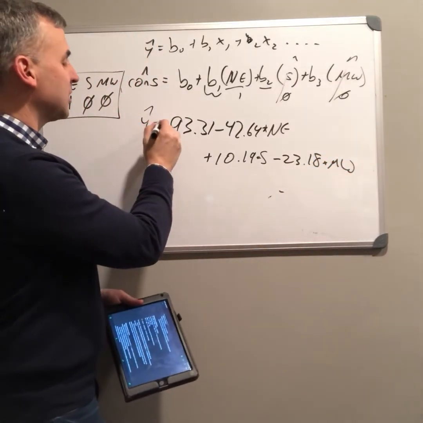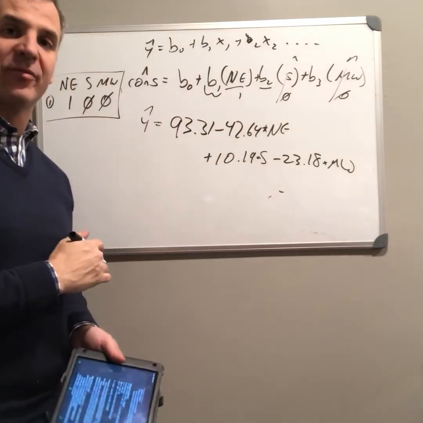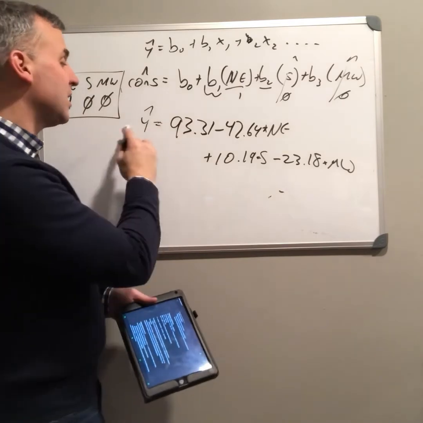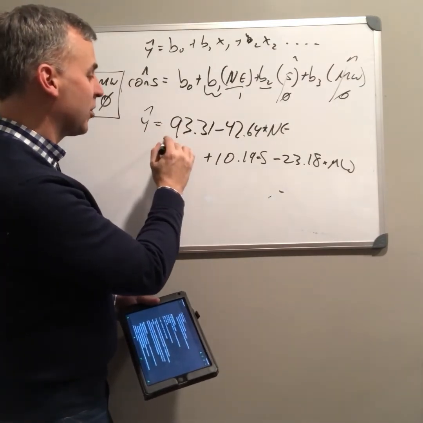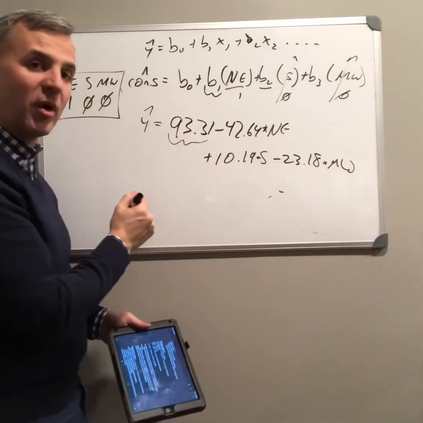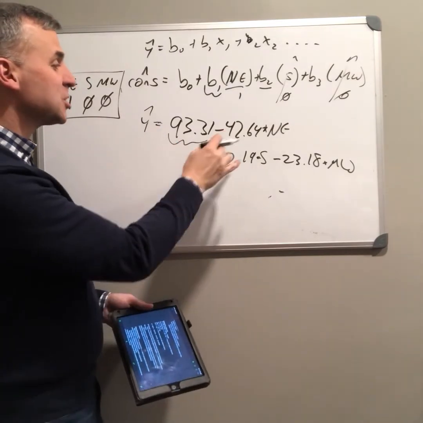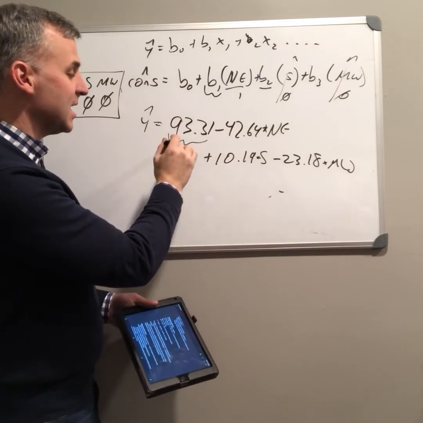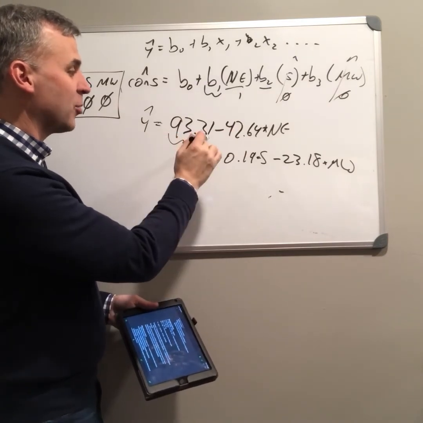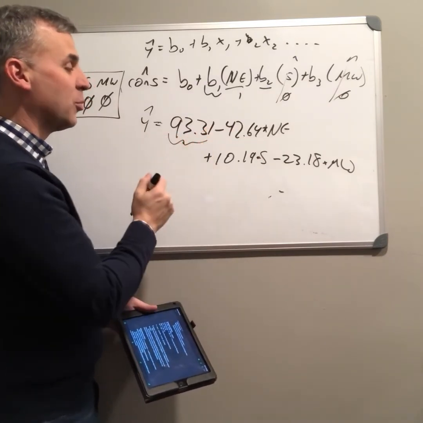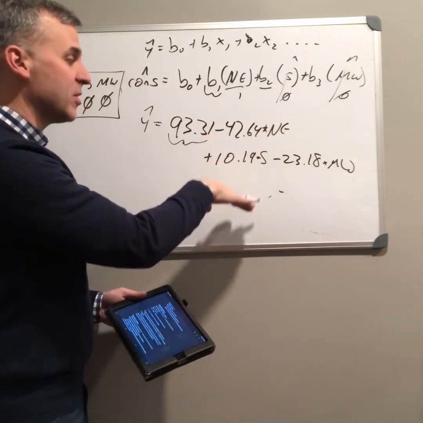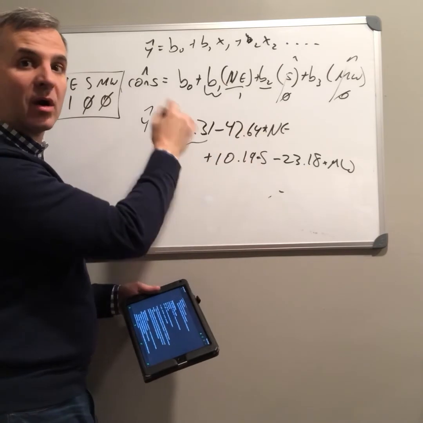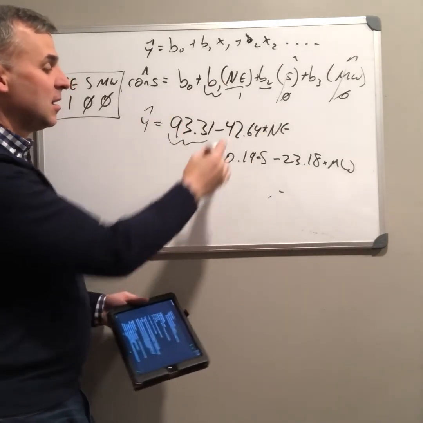Again, I would interpret these as the mean difference from the reference group. I would say that the mean conservative value for our reference group, those in the West, is 93.31. The mean conservative value for being from the Northeast is that Western group, 93.31 minus 42.46, right? So it's lower. Here we would interpret the conservative values of being from the Northeast as lower than those of being from the West.